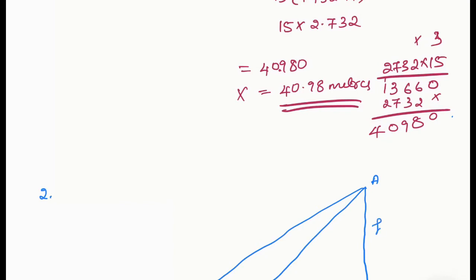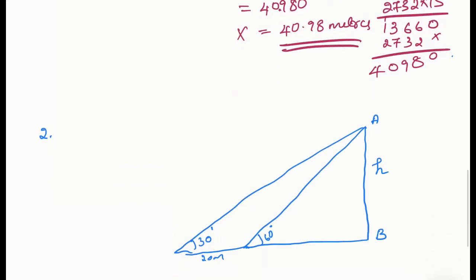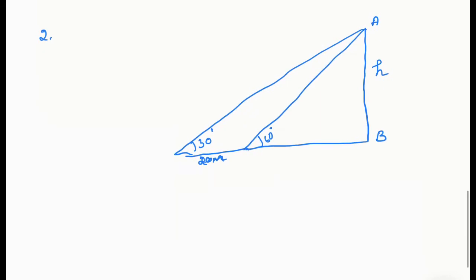Let me consider AB as H, the height of the tree, and it's 20 meters away, right? So with the given information, let me try to find out the value.